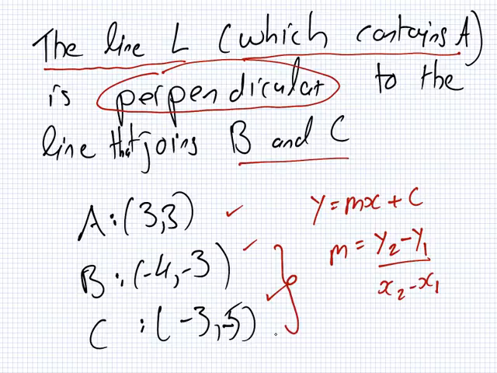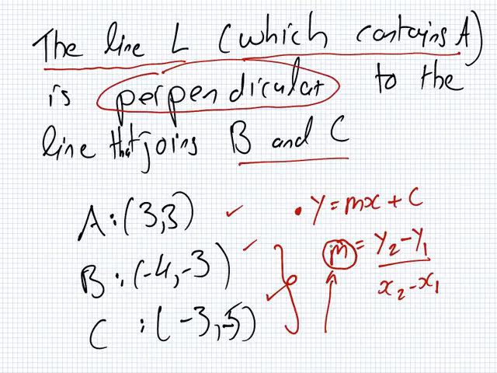And what do I do next? Equals... With the m, yeah? Minus 3. But what do I do here with the m? I need to change it. I have to turn the m upside down and put a minus.